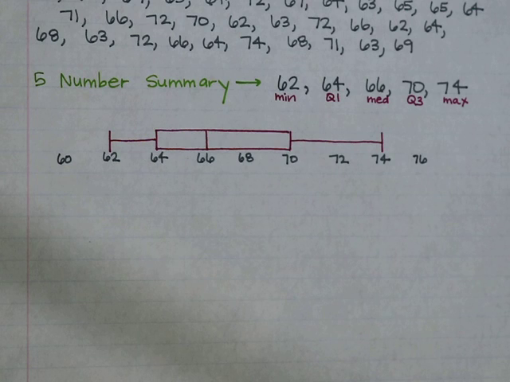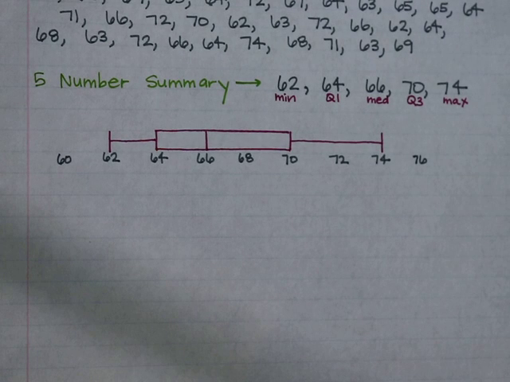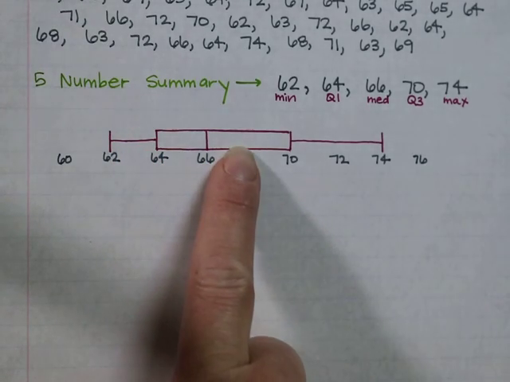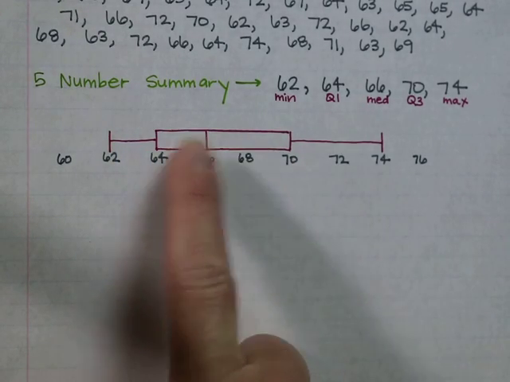So for this box and whisker plot, our top 25% of our class is taller than 5'10". 25% of our class is shorter than 64 inches, so 5'4". That's what those whiskers tell us. So each one of these is 25% of our data, right? Quartiles, quartile meaning 1/4.